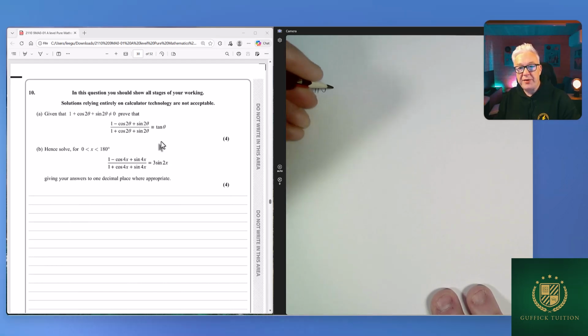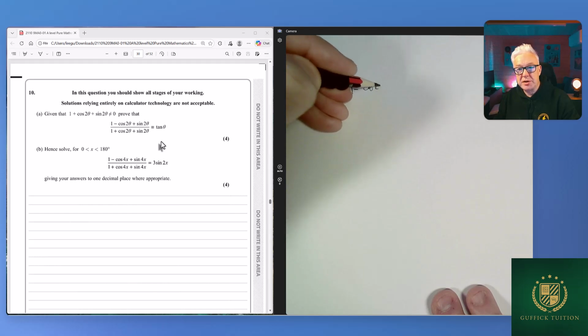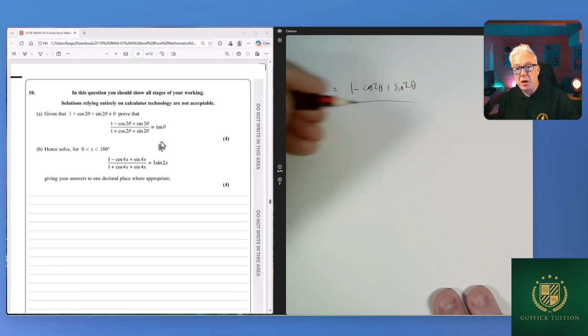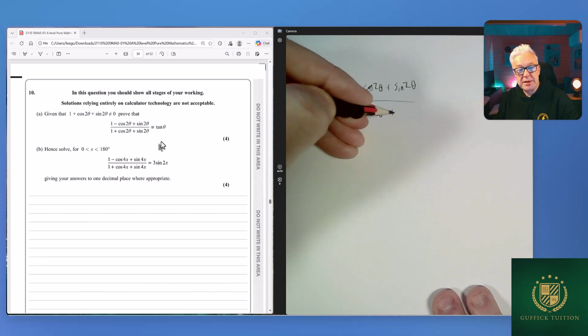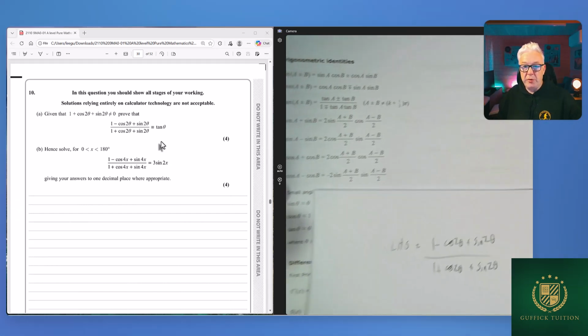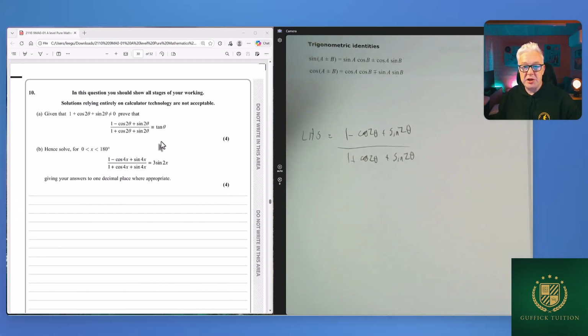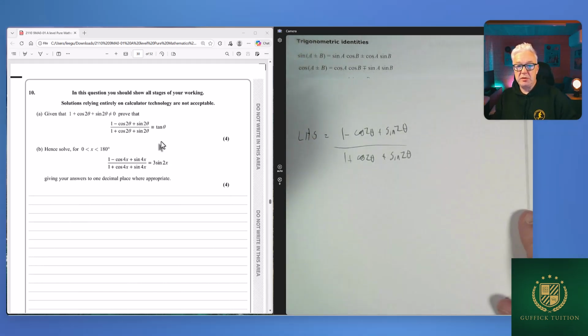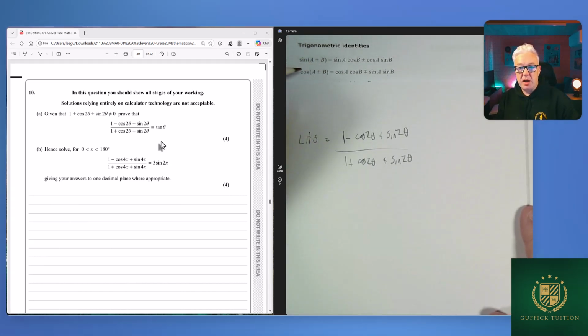So we've got that the left-hand side of the identity is 1 minus cos 2 theta add sine 2 theta, all over 1 plus cos 2 theta plus sine 2 theta. In the formula booklet, we're given the addition formula, which is super helpful. Let's think about our double angle.